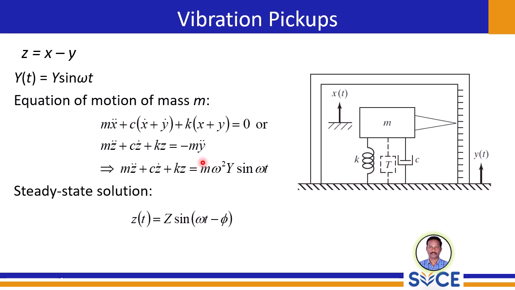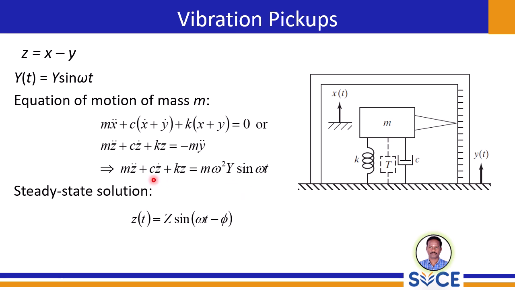Then the second derivative of y sin omega t, we can substitute here, y double dot, that will become minus omega square Y sin omega t, and the minus sign will get cancelled out. So at last we get the equation of motion, that is m z double dot plus c z dot plus k z equal to m omega square Y sin omega t.